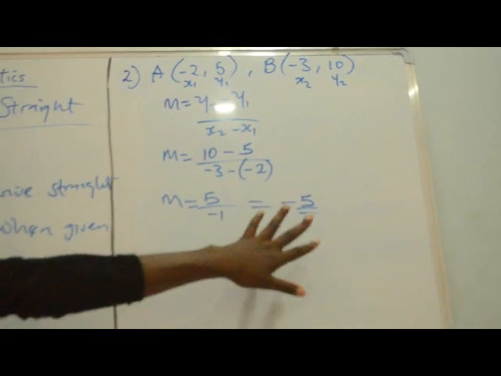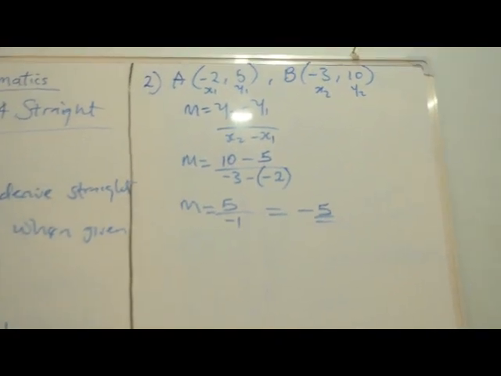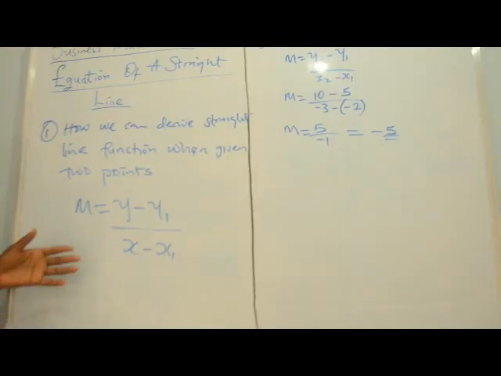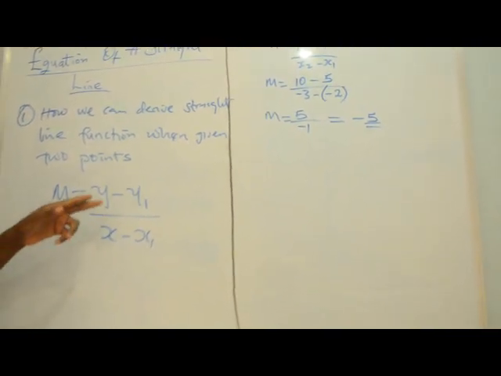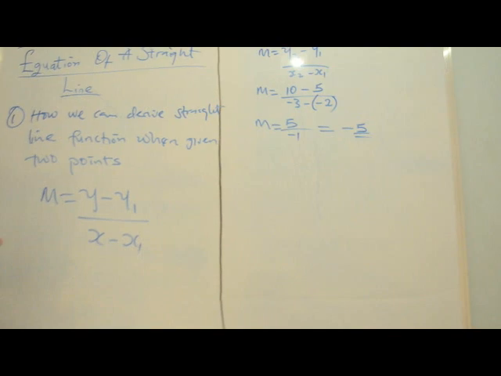So now we have found our gradient. We can now use this to solve for our equation. Now remember, our formula for finding the equation of the line is that our gradient is equal to y minus y1 over x minus x1.